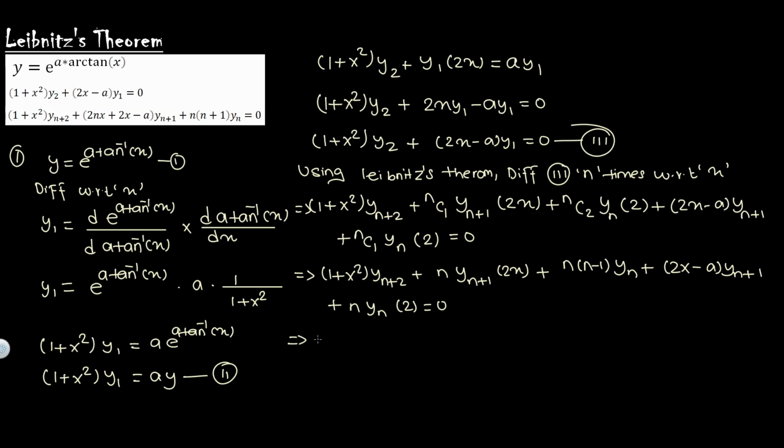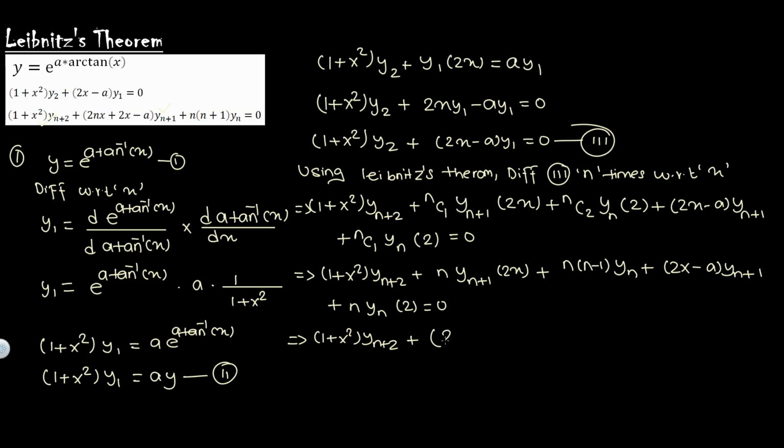Now we have 1 plus x square yn plus 2. We got the first term. For the second term, group the terms having yn plus 1. We have yn plus 1 here and here, so take yn plus 1 common from these two terms.